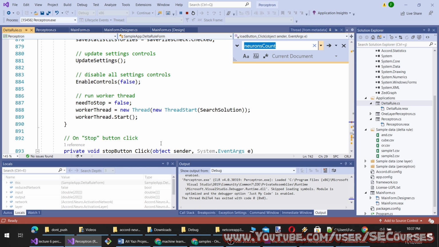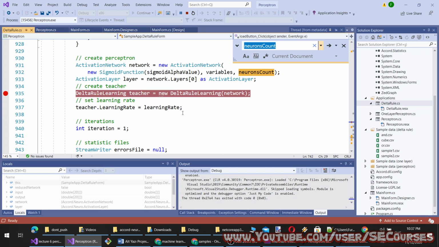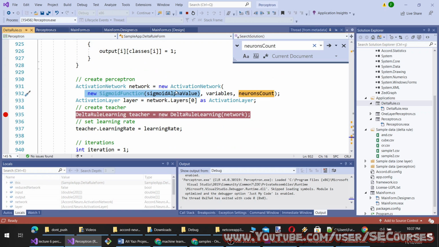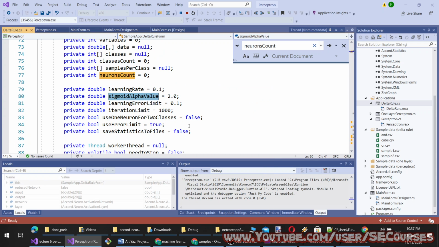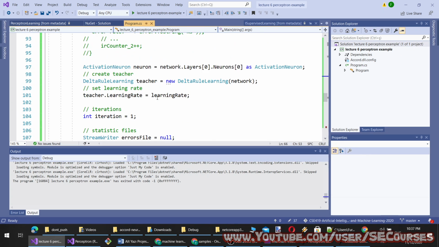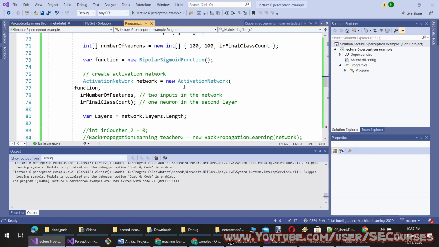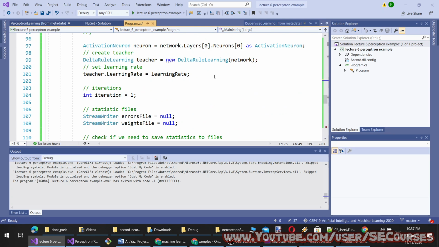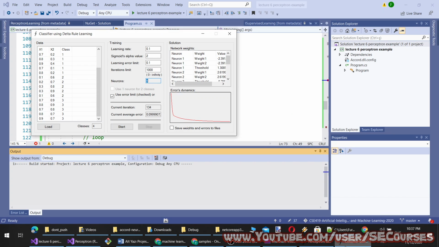By the way, for delta, which function did they use? Or they did use the sigmoid alpha value, which is by default 2. Let's try it. I want to see how this will work.